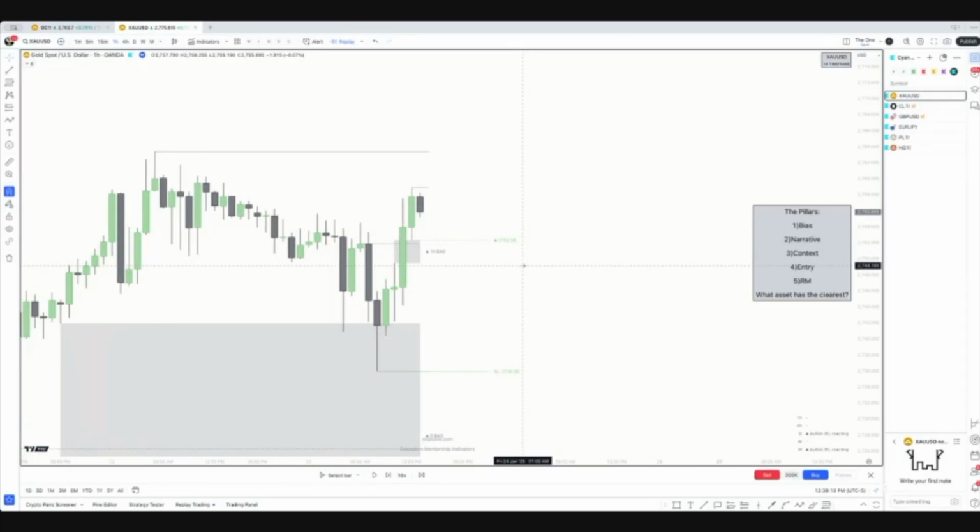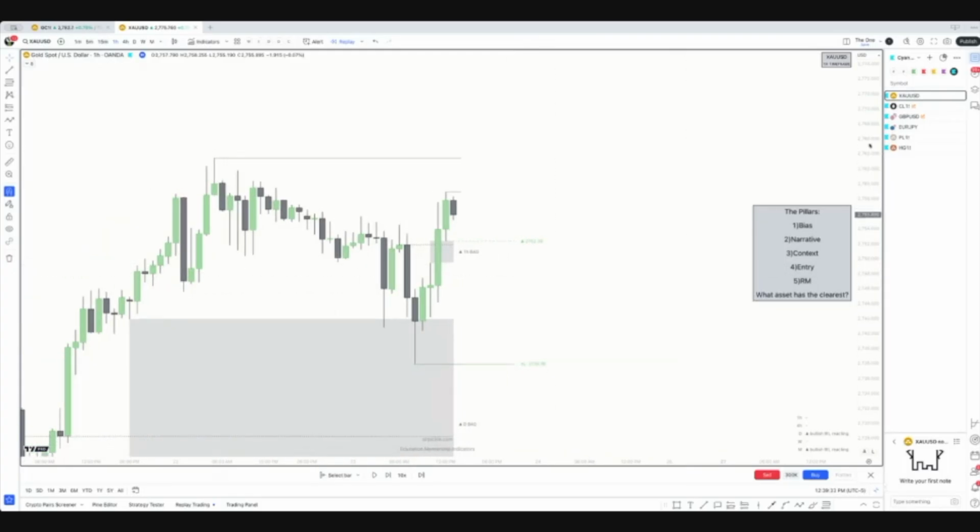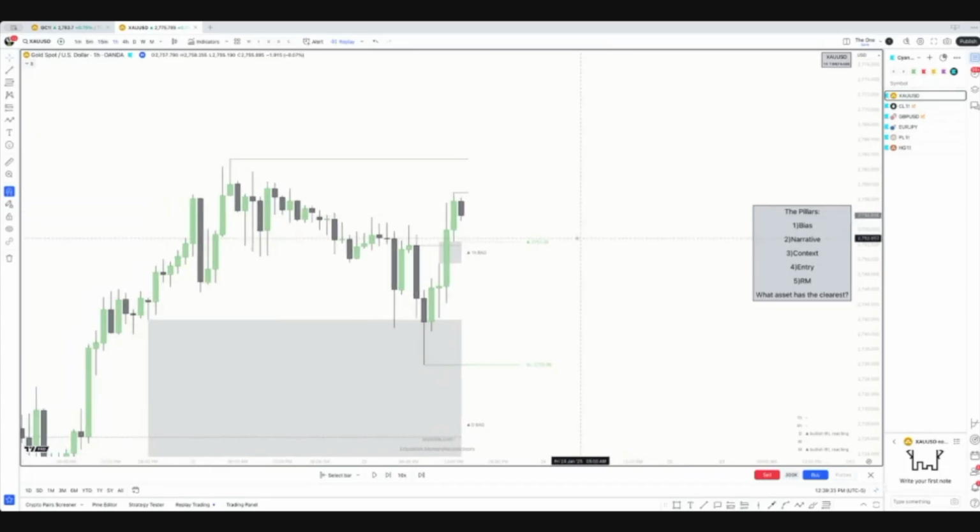It's that 20% intuition, because 80% can be mechanical, but you want to have 20% intuition where you allow yourself to use that experience, use all that screen time and knowledge and put that into play. And that's where you see the biggest increases in win rate and separate yourself from an average trader to a great trader.